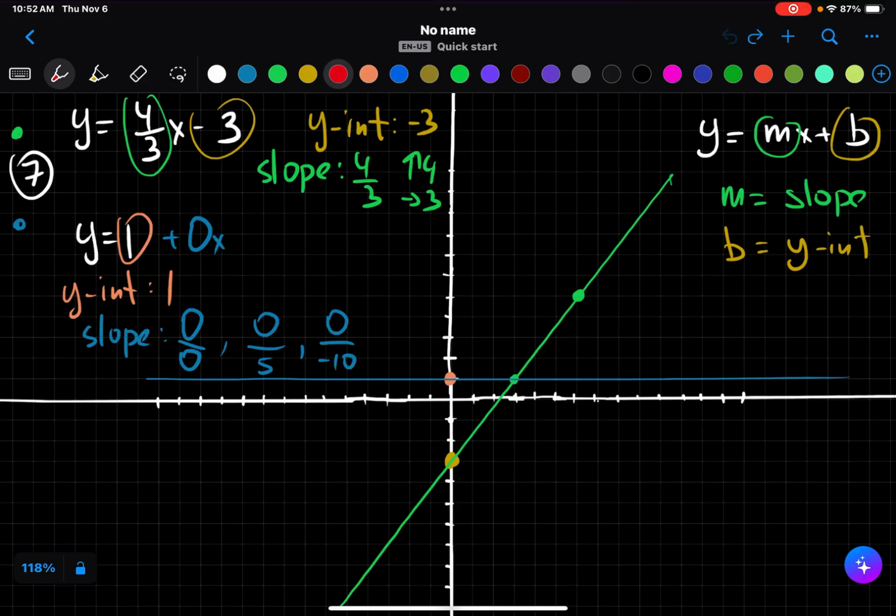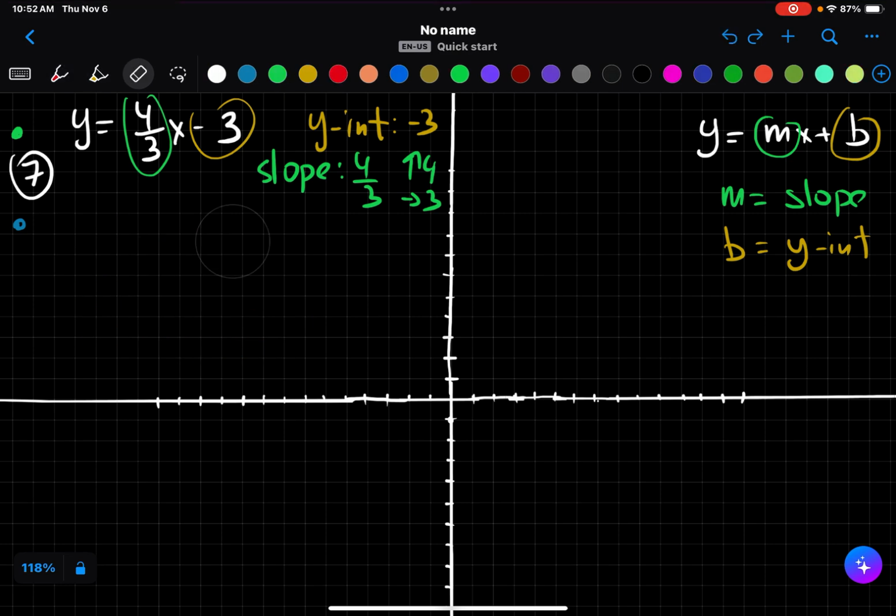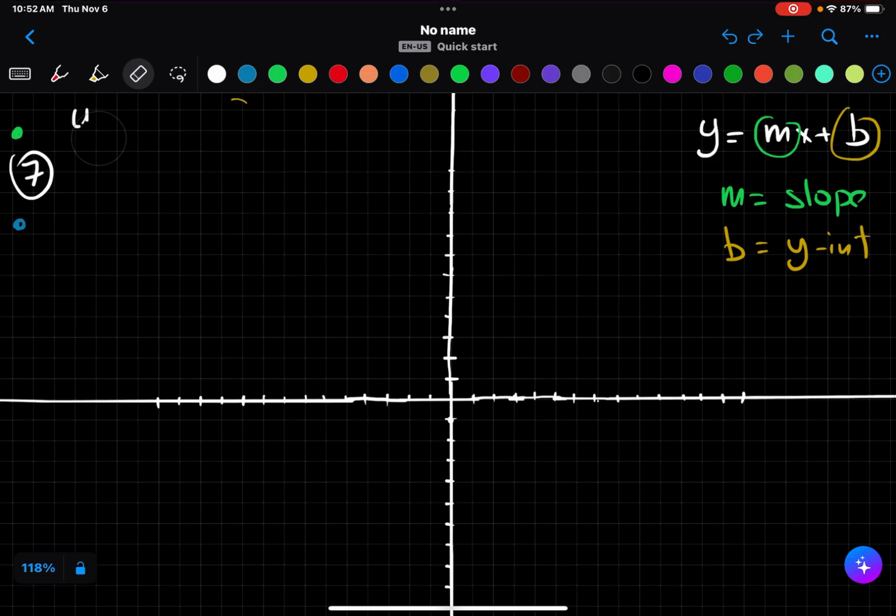Set up for that. Last problem, number 8. This one's a pretty standard one, which is a good one to finish with.